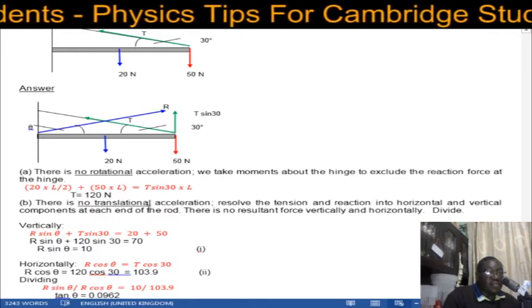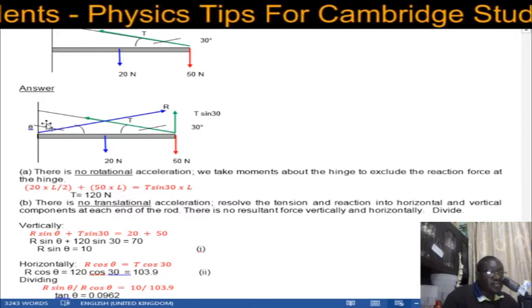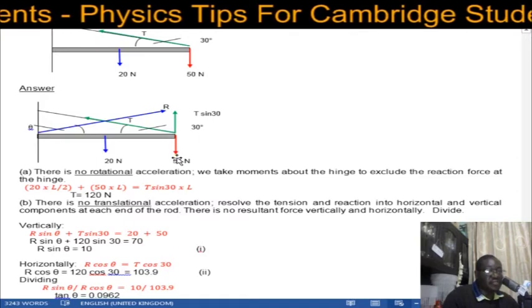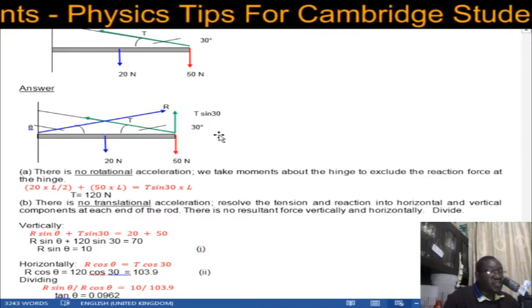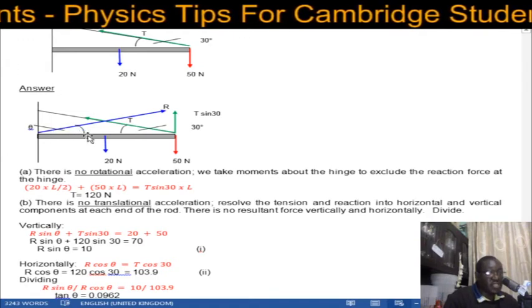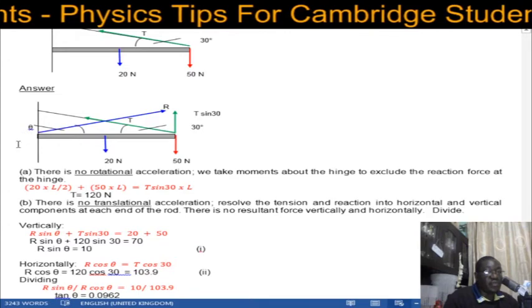Now you apply your second condition for equilibrium, which will be R sine theta plus T sine 30 should equal 20 plus 50. In the horizontal, the forces going to the left should equal the forces going to the right. So R cos theta should equal T cos 30, going that way.